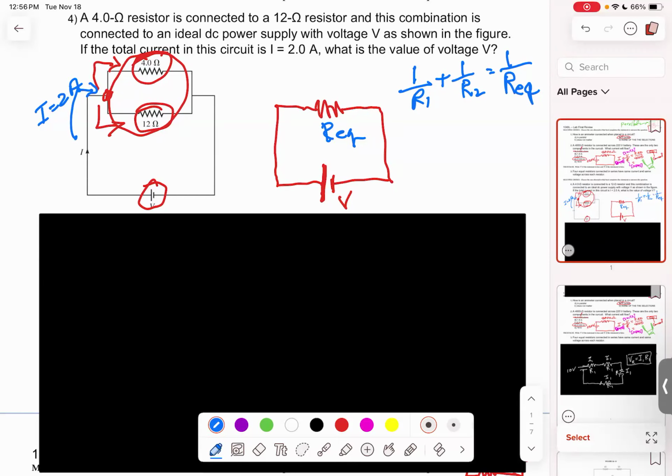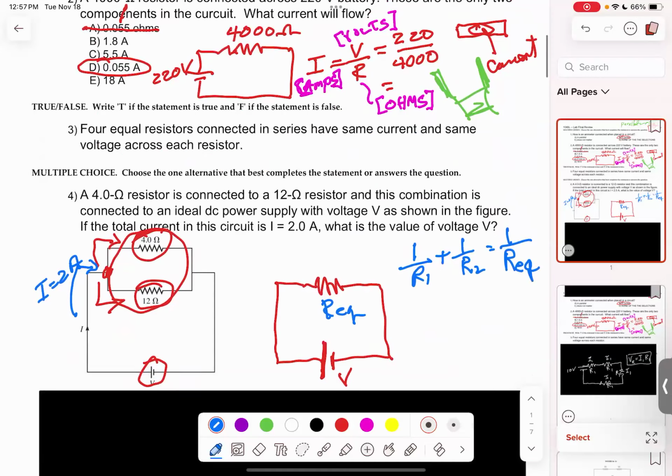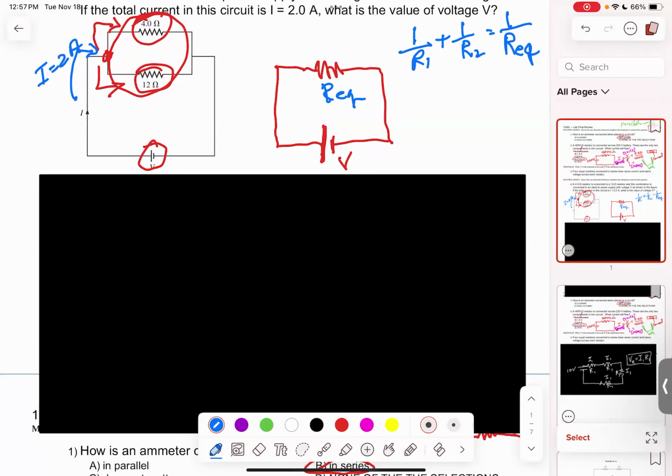So let's do the math here. 1 over 4 plus 1 over 12 is equal to 1 over REQ.